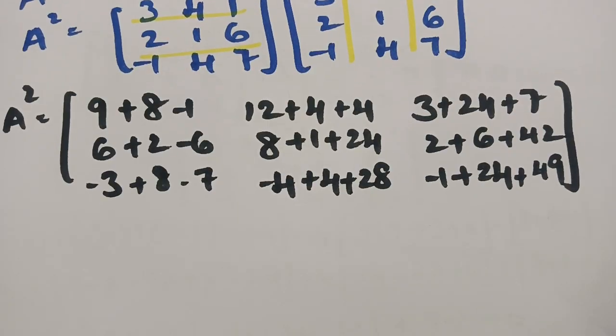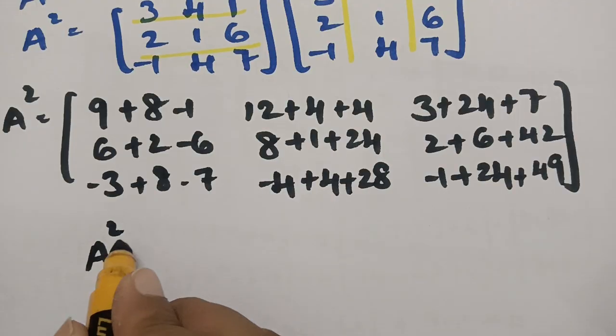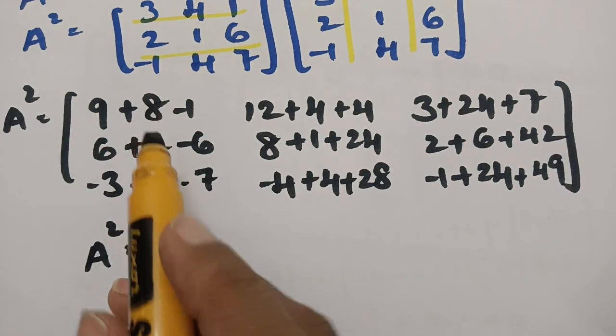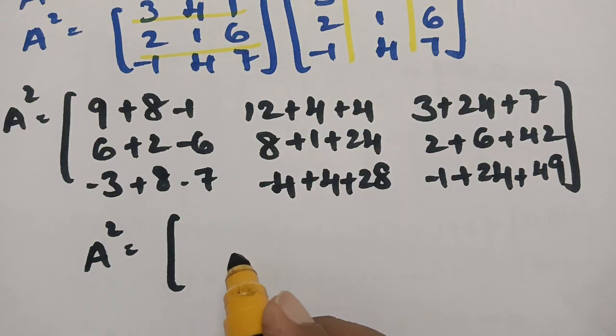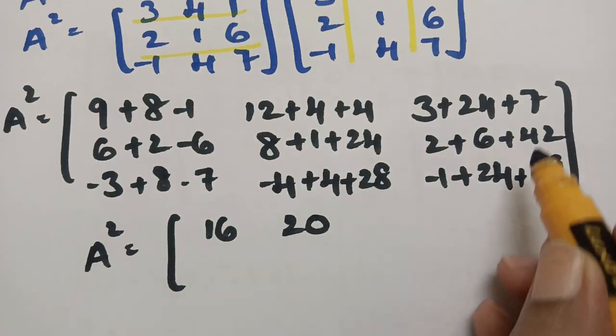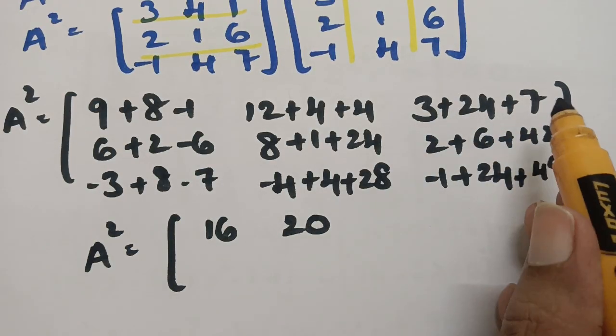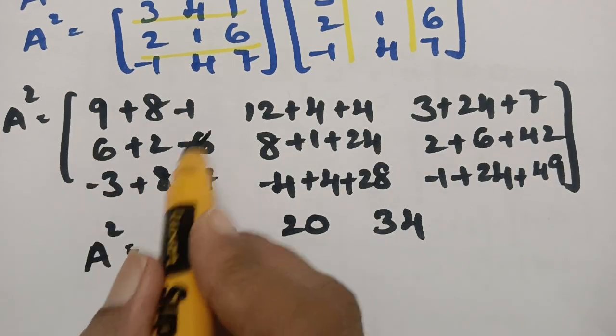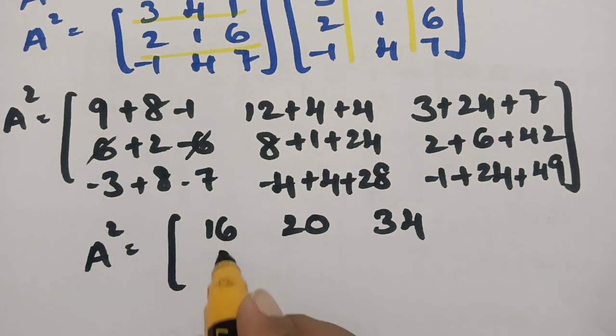Clear? And therefore our A square value is going to become: here this value is 17 minus 1, the value here is 16. So this is 8 plus 12, the value here is 20. So this is 27 plus 7, the value here is 34. And the next one, if I cancel these two, the value is going to become 2.